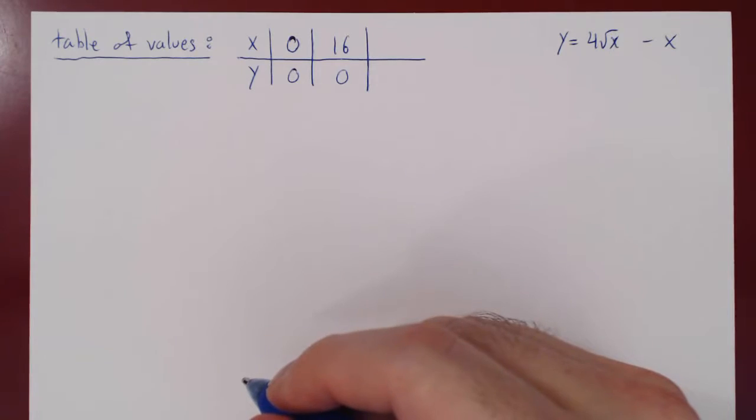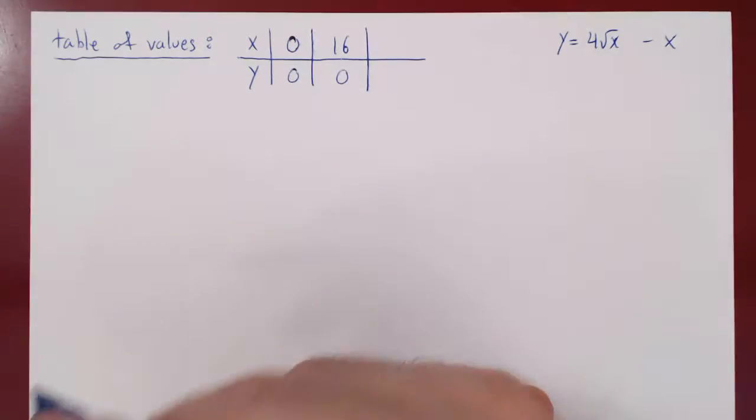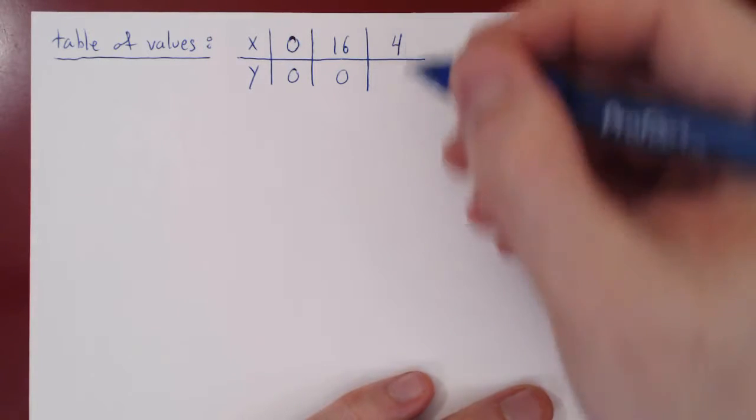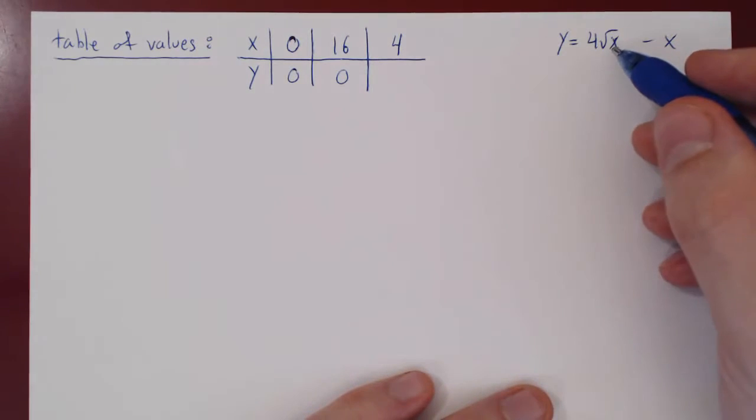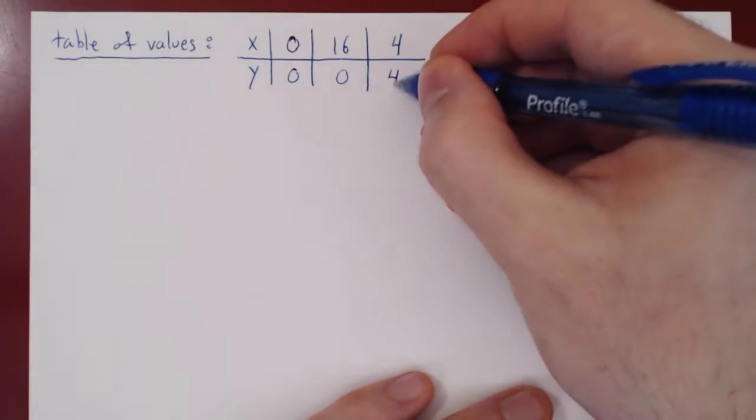Then we found 2 critical points, x equals 0, which we already have here, and x equals 4. If you plug in here x equals 4, you have root of 4, which is 2, times 4 is 8, minus 4 gives us 4.